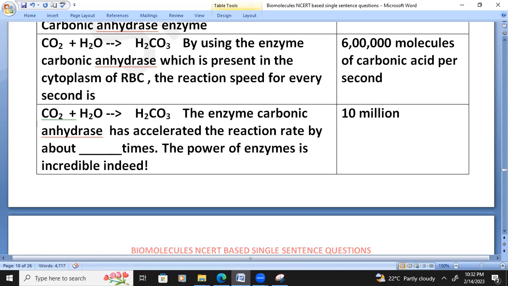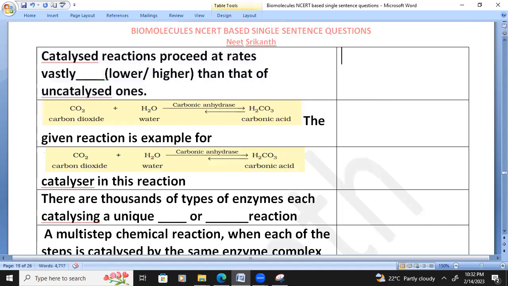The power of enzymes is incredible indeed. Catalyzed reactions proceed at rates vastly higher. The given reaction is an example of catalyzed reactions having great velocity.